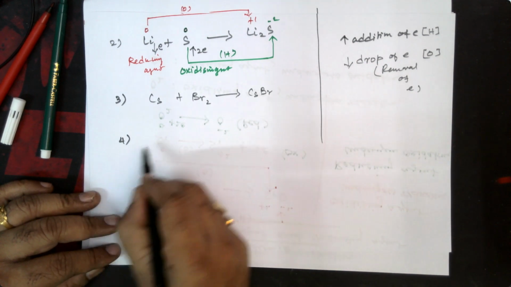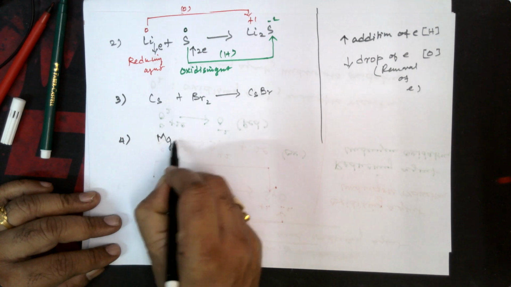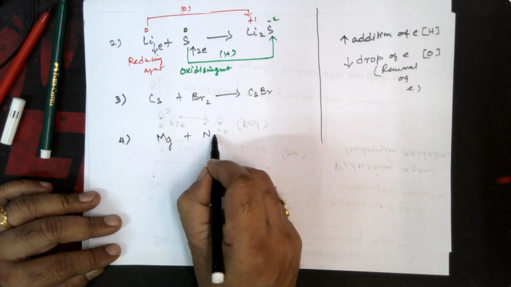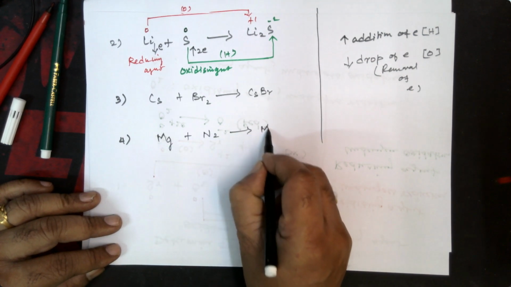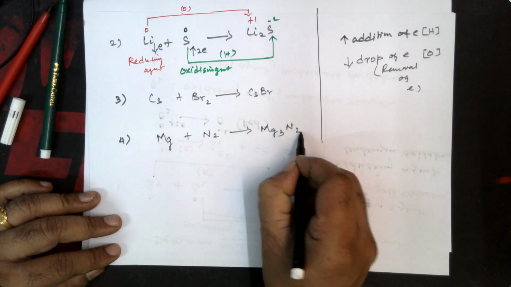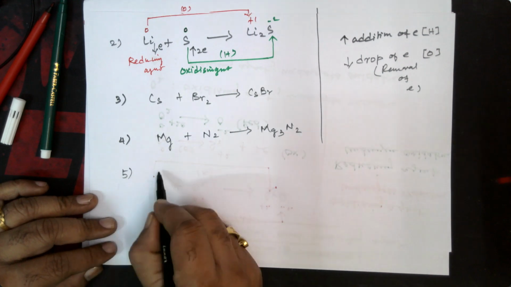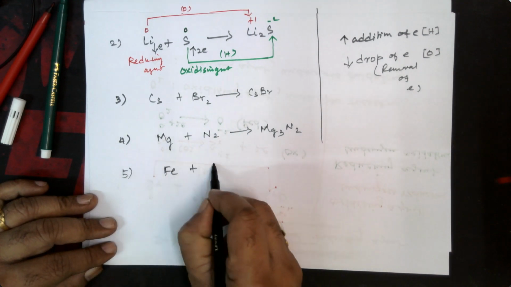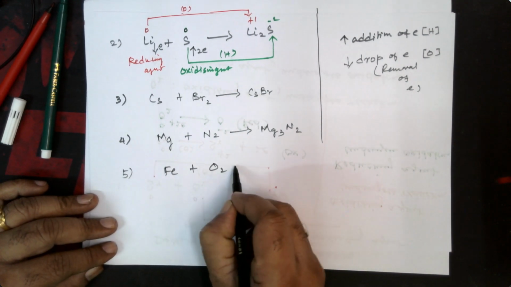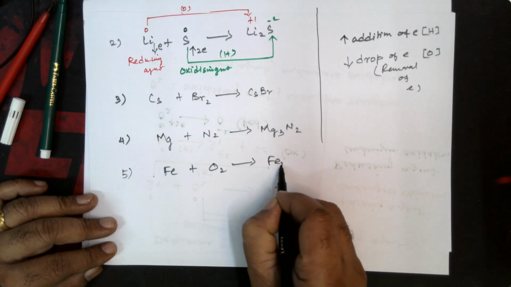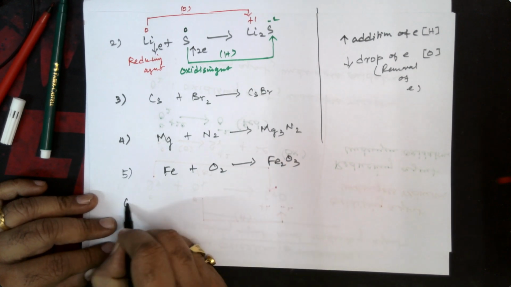Fourth one, magnesium plus N2 becomes Mg3N2. Fifth one, Fe plus O2 gives Fe2O3.